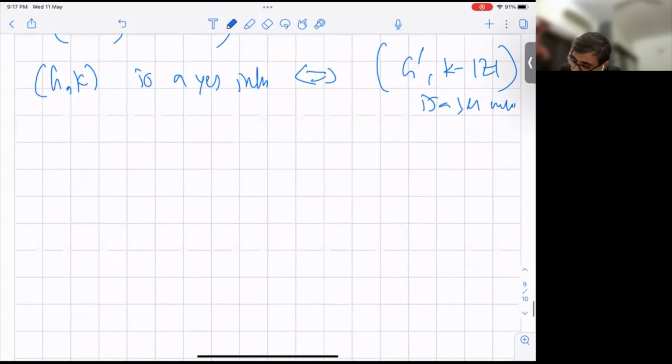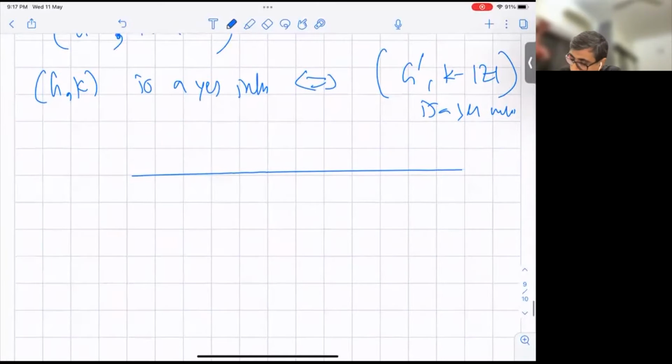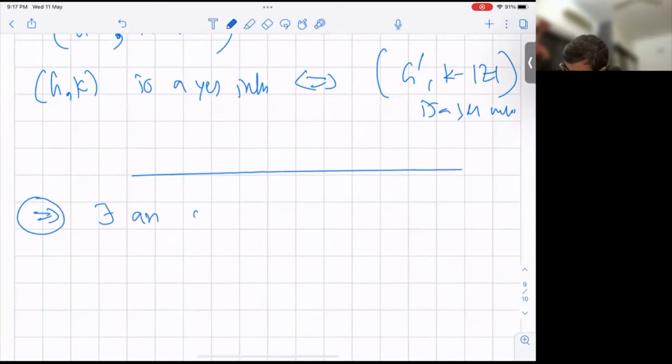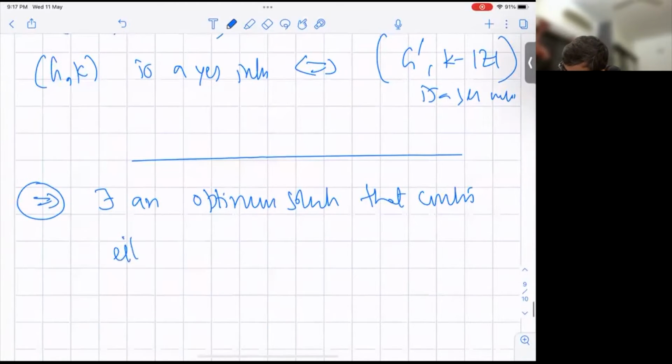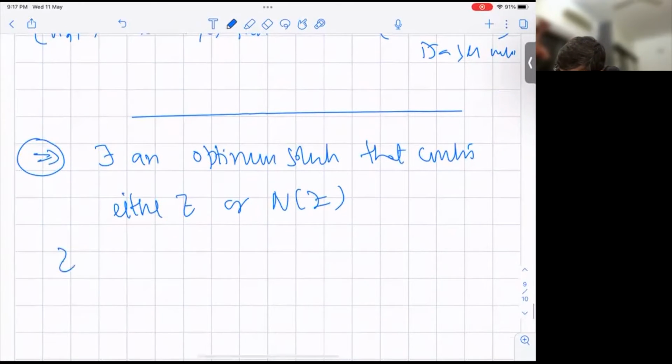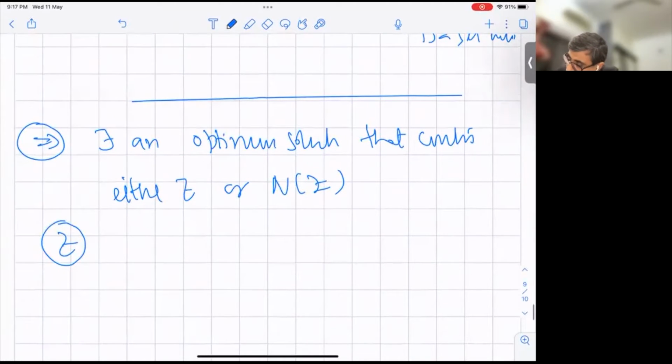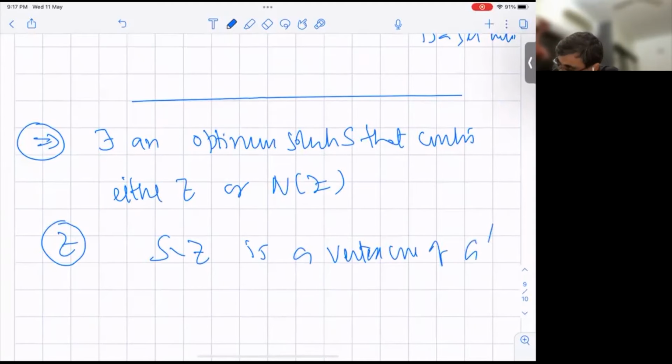Look at the forward direction. What we know is that there exists an optimum solution that contains either Z or N of Z. Okay. So look at the case when it contains Z. Then what will we do? Then I claim, say S, then S minus Z is a vertex cover of G prime, right?